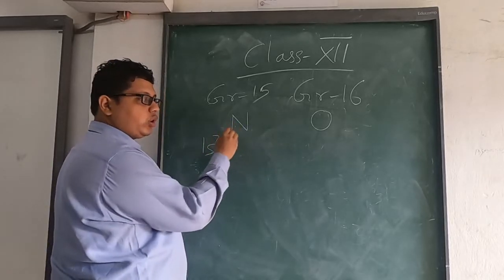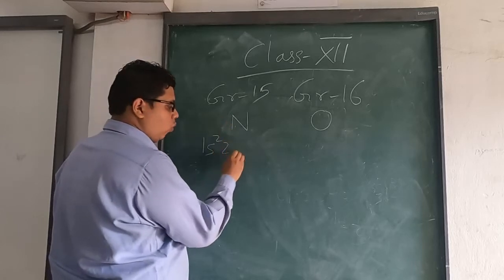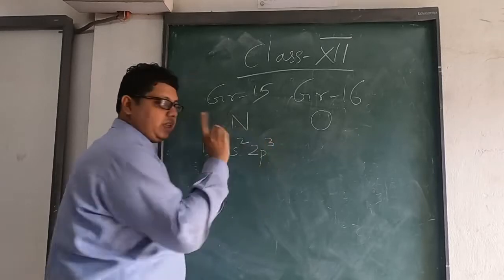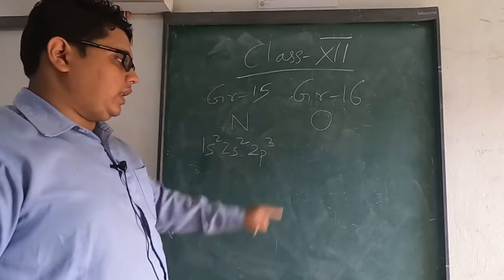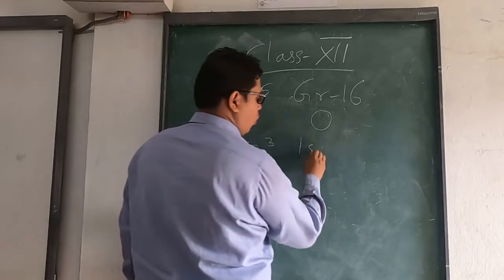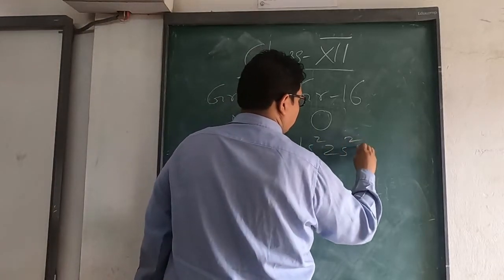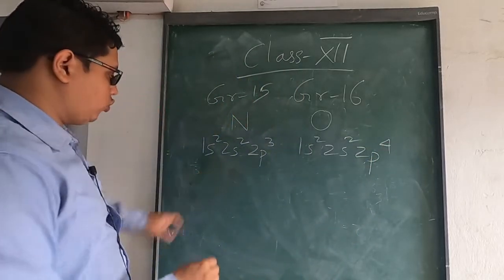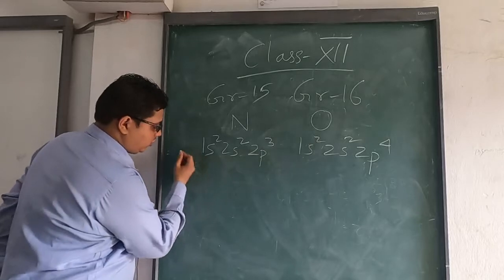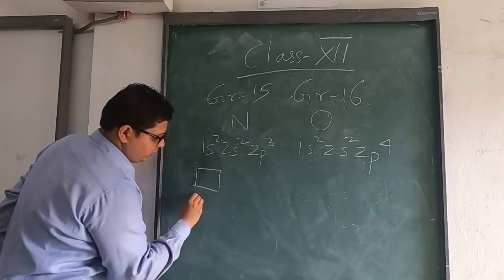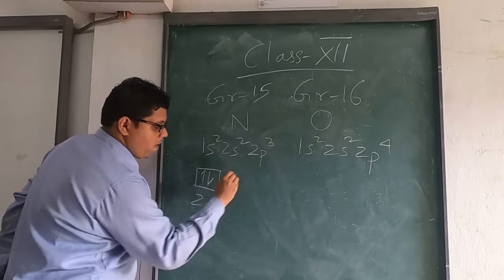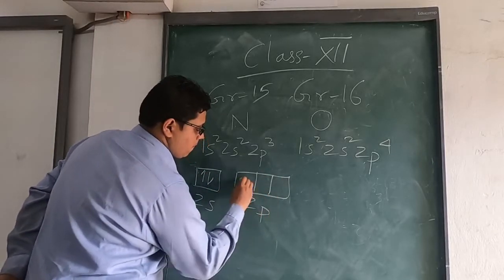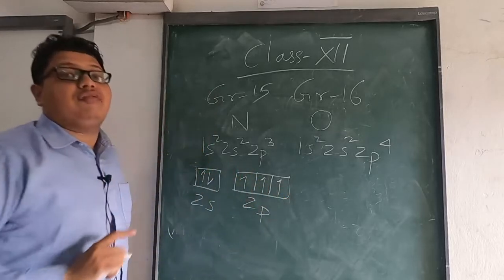If I write the electronic configuration of nitrogen, 1s2, 2s2, and 2p3. And here we have written 1s2, 2s2, 2p4. Now here, if I show the outermost shell, 2s is completely filled and 2p is half filled.